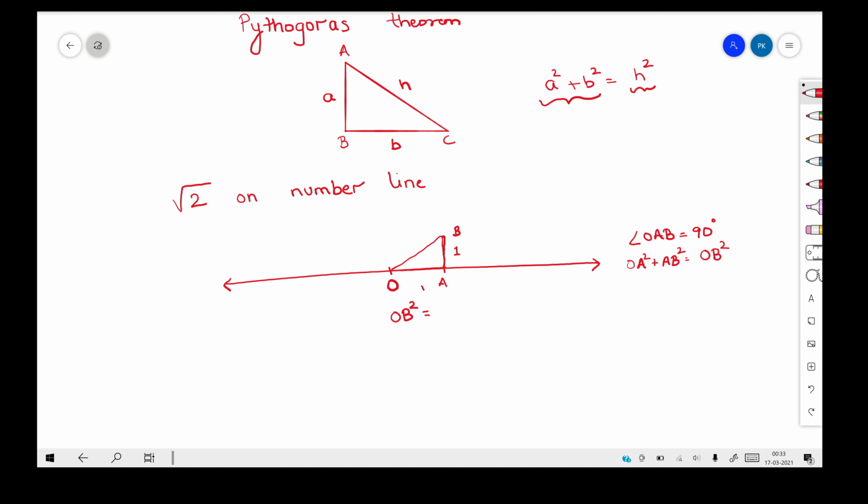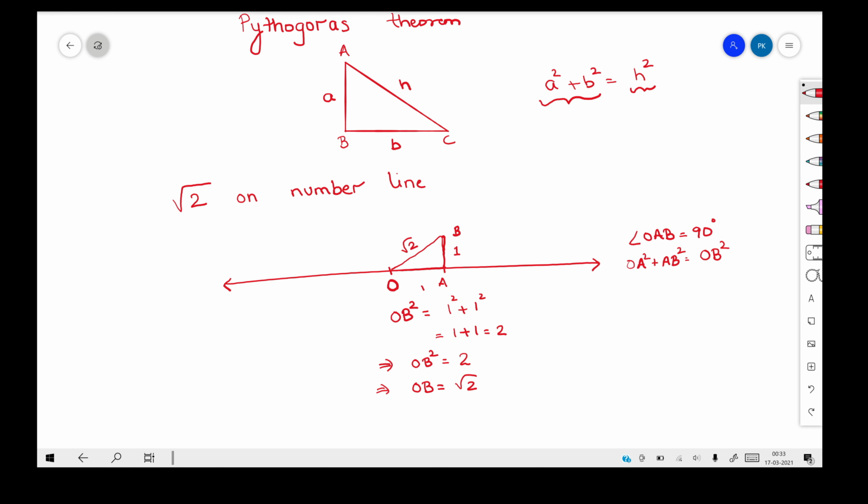OA square is given as 1 and AB square is also 1 square. That is equal to 1 plus 1 equal to 2, which implies OB square is equal to 2, and hence OB is equal to under root 2.